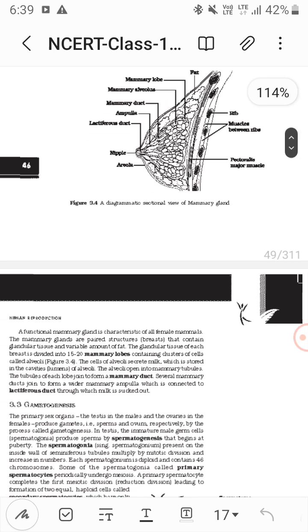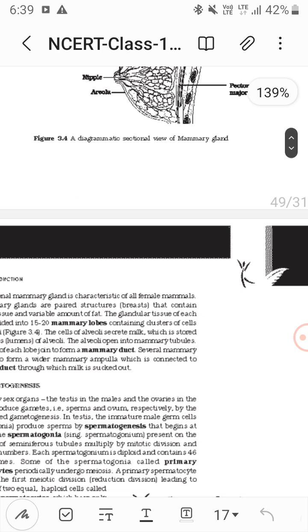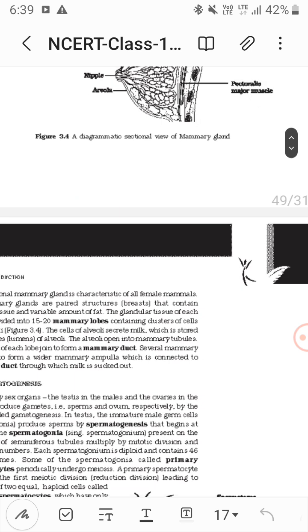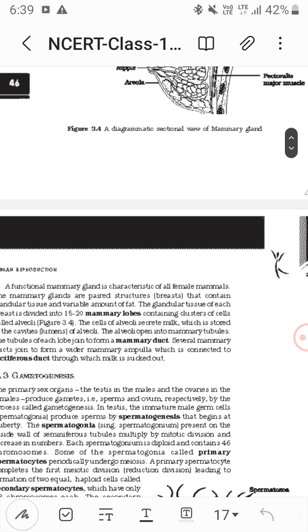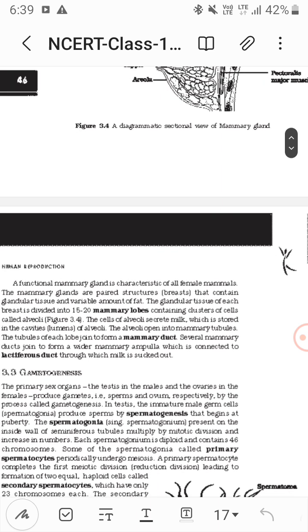Now the mammary glands have fats and mammary lobes. The mammary lobes are 15 to 20 in number. They have clusters of alveoli and their ducts. The alveolar duct opens into mammary tubules.